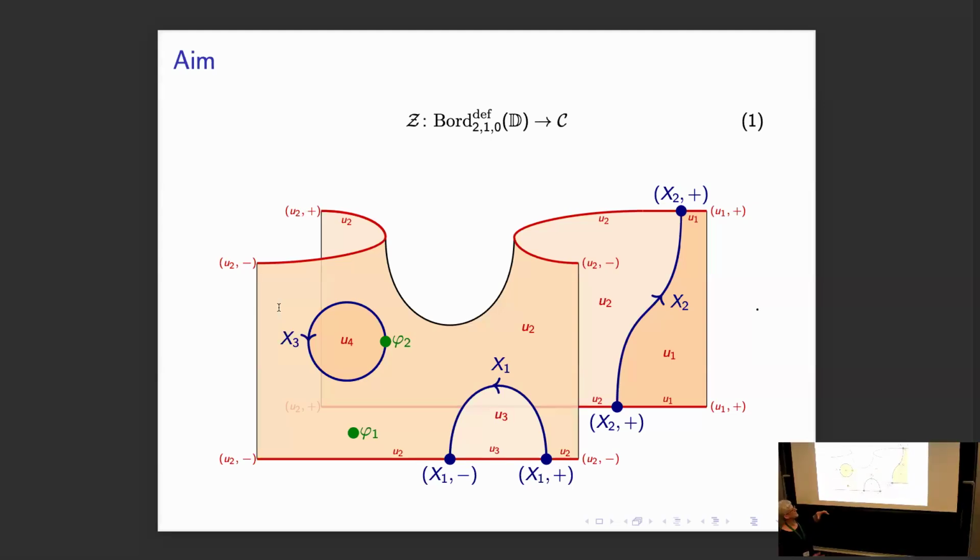And then what we want to do is to explicitly know how to decorate this bordism, and how to evaluate the functor on it, and what the result in the target category is. That in particular means that I have to discuss the target category, and that, as I mentioned, has something to do with Rozansky-Witten models.